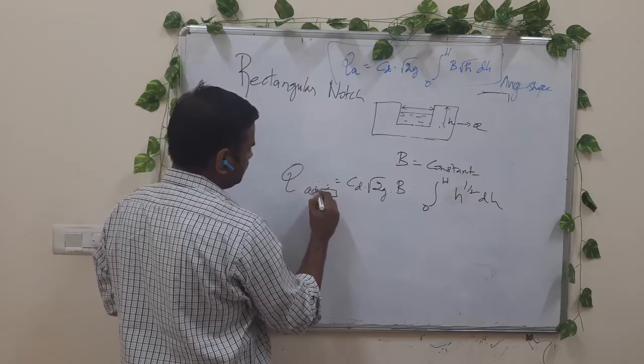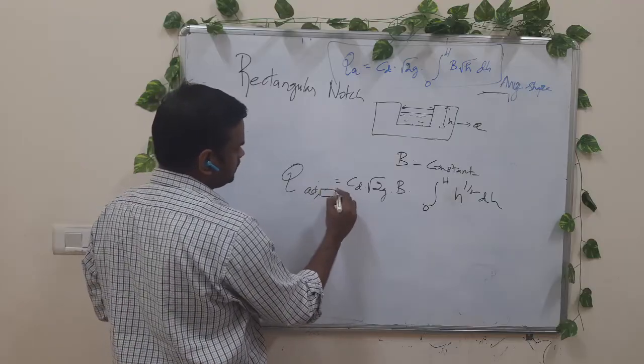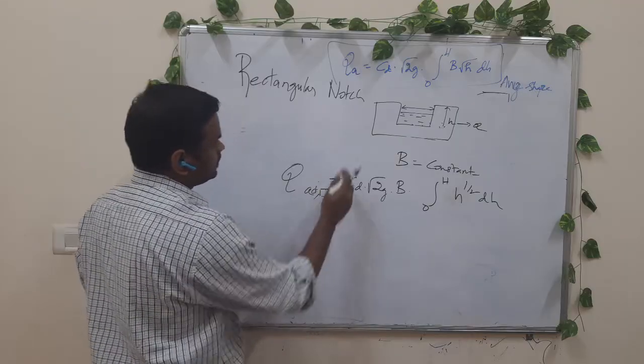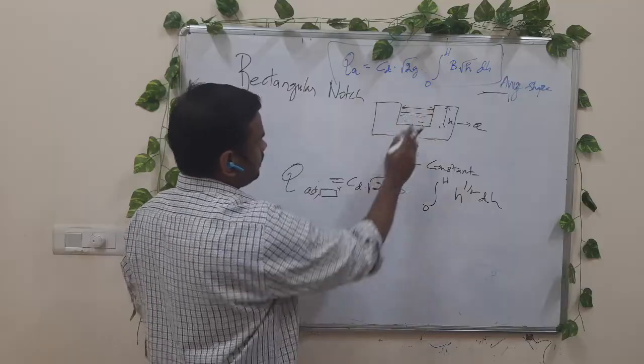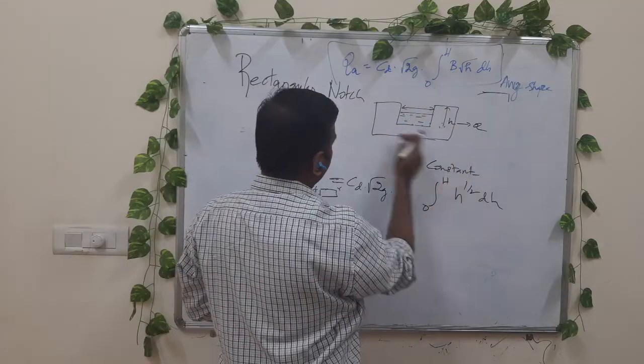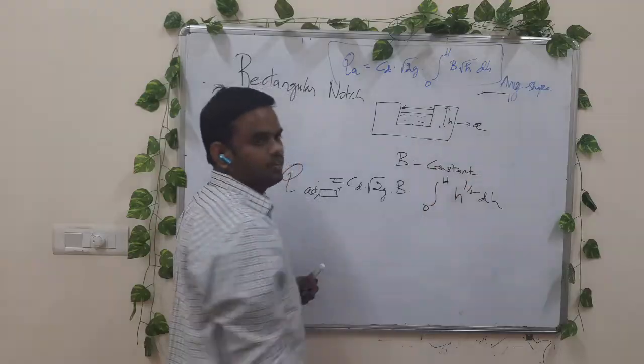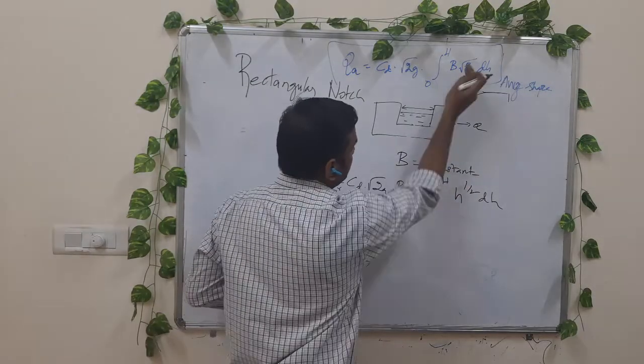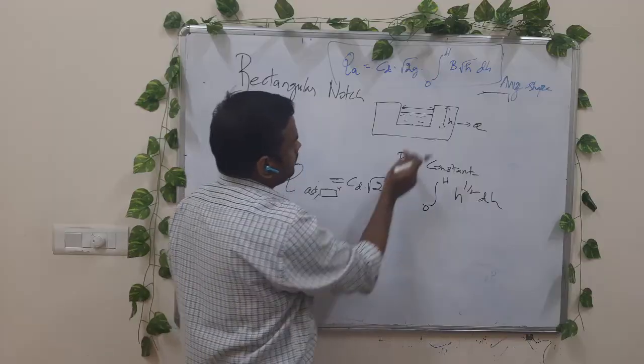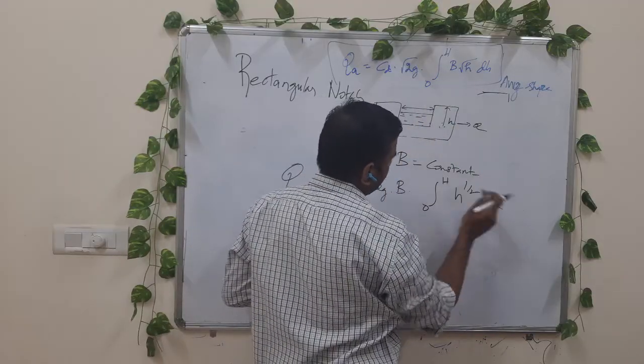Q actual for a rectangular shaped notch is given by Cd into square root of 2g. B is constant for a rectangular notch because it won't vary as a function of height, so B will come out of the integral. Then we have simply 0 to H of h power half dh.